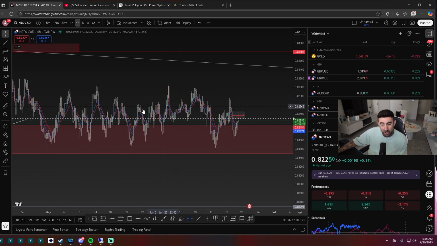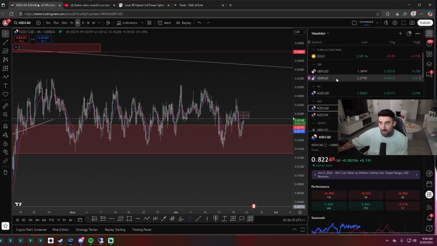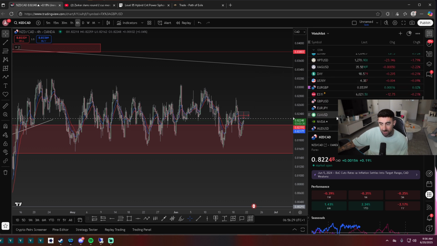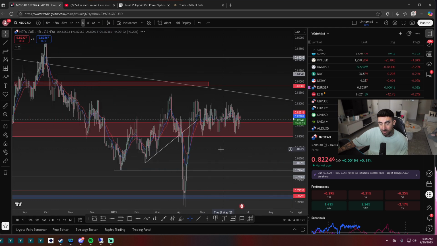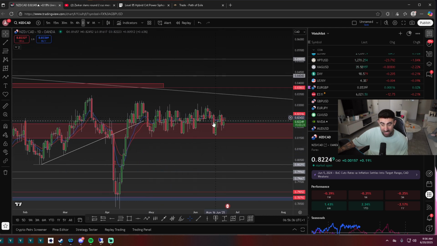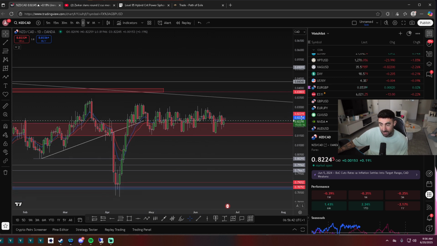So this could all be down to the tariffs coming out, and then price moves. That is all to do with market structure, because what is market structure creating? Well, on the daily time frame, it's just a lot of poor daily candles in a sideways market. That is market structure right there.